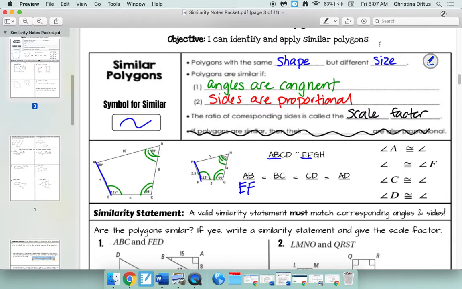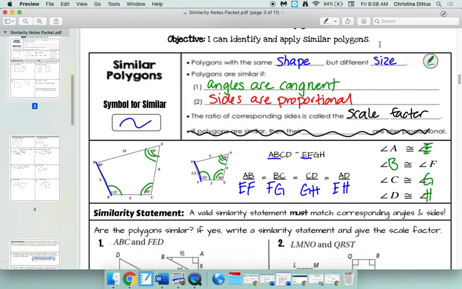What do you think BC matches? FG. How about CD? GH. And AD? EH. Same thing with angles. Angle A is going to match angle E. B is going to match F. C is going to match G. D is going to match H. So same sort of thing, just with similarity, not congruent.